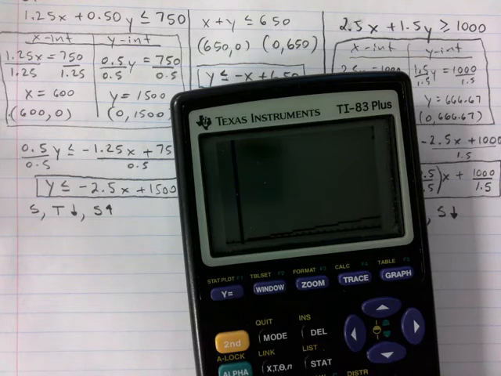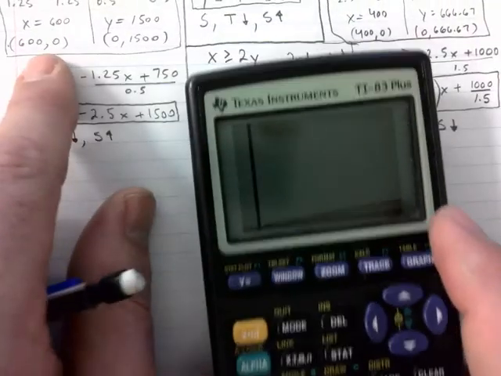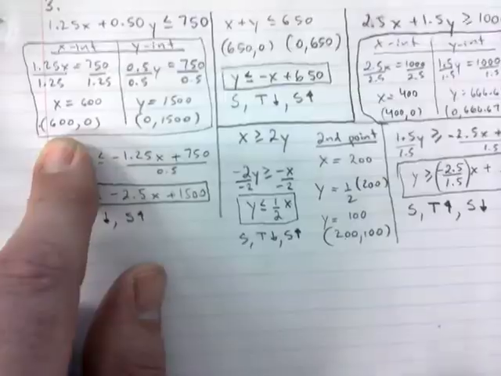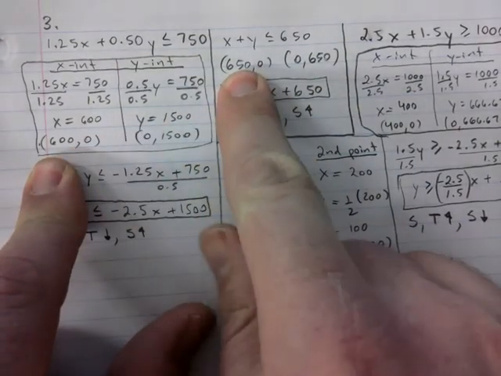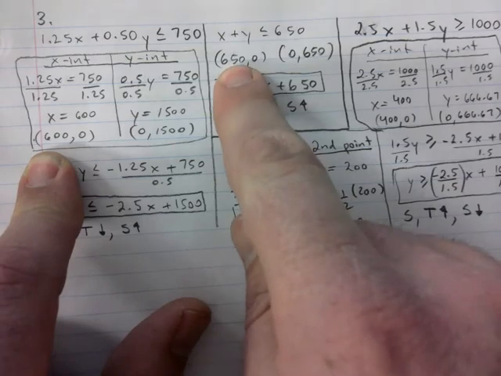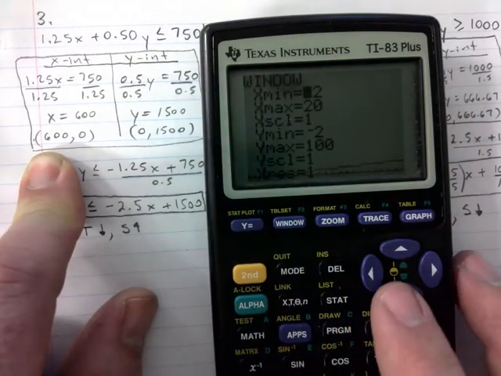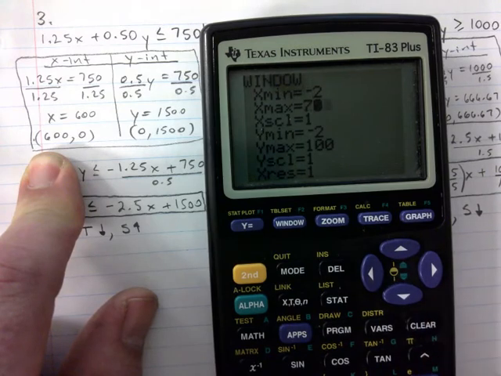I'm not seeing anything. Oh, I saw one just there. It has to do with your window. So you kind of have to look at your x-intercepts. We have 600, 650, 400. So I'm going to go with 700 as my x max. Let's go to our window. I'm going to go 700 there.